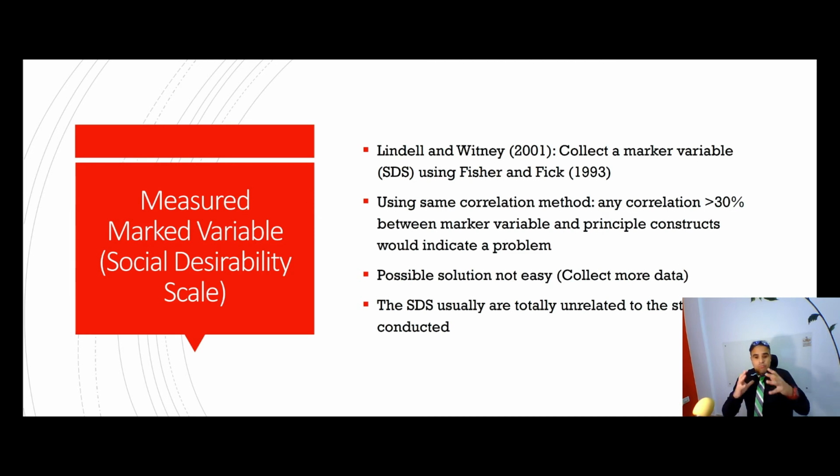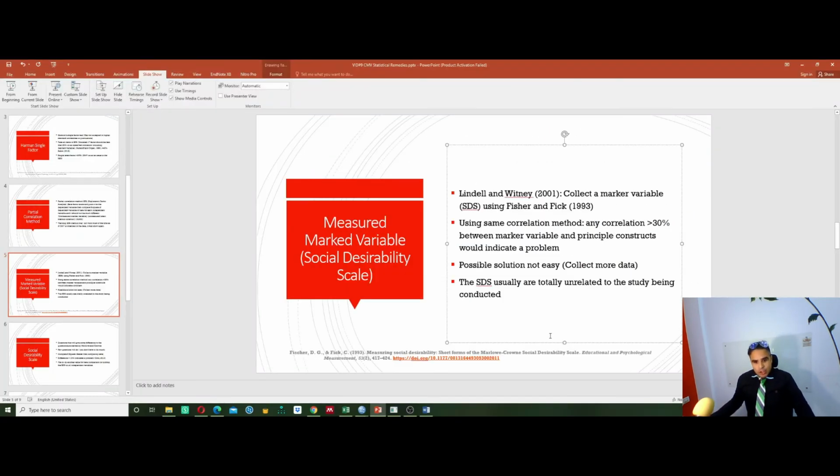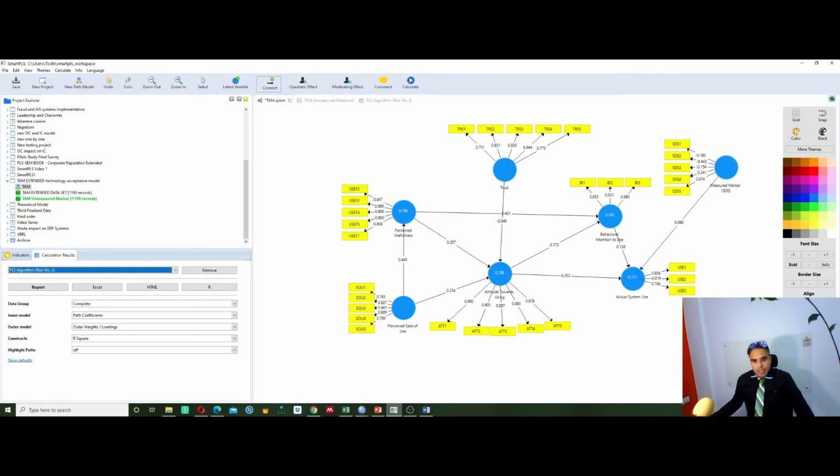Okay, so what would be a possible solution if we have a CMV? No, we have to collect more data. There might not be a possible solution. We have to collect more data here. Okay, and let me go back to here is my model here.